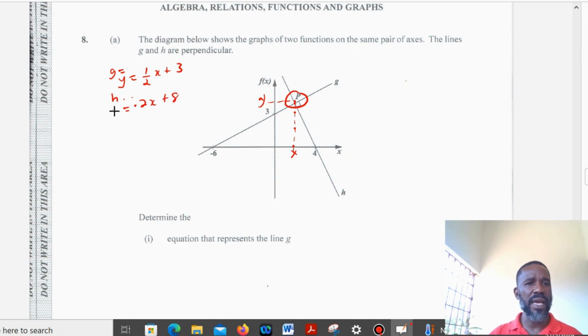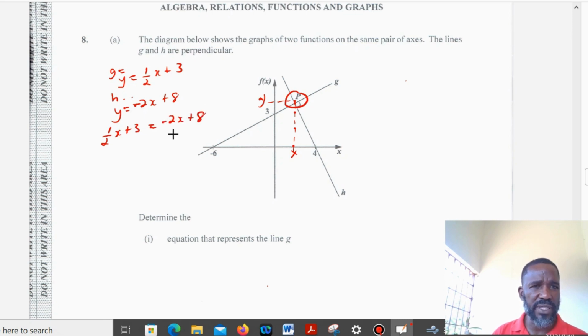So y is equal to half x plus 3 and y is equal to negative 2x plus 8 at that point. Since the two equations are equal at that point, we could simply say that half x plus 3 is equal to negative 2x plus 8. And then we solve for x.